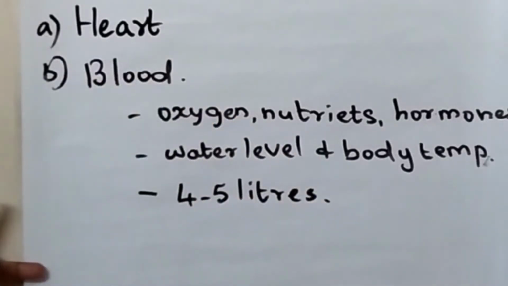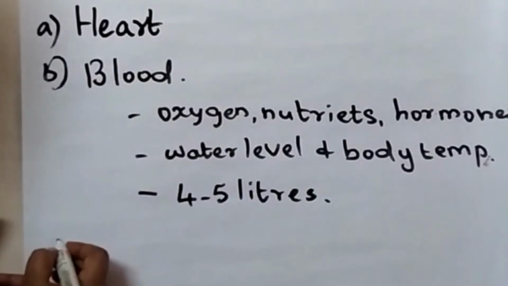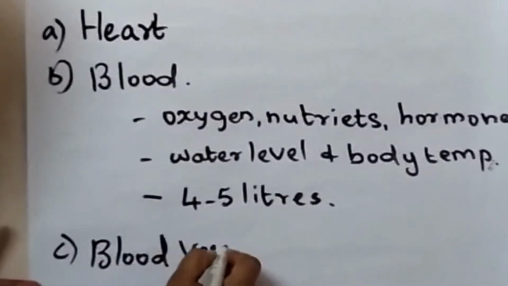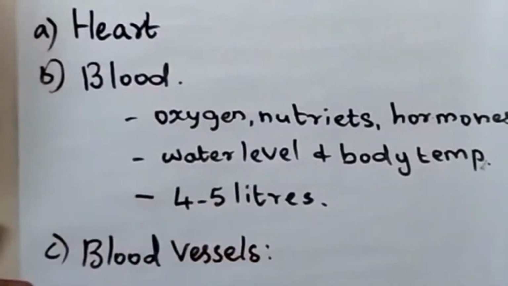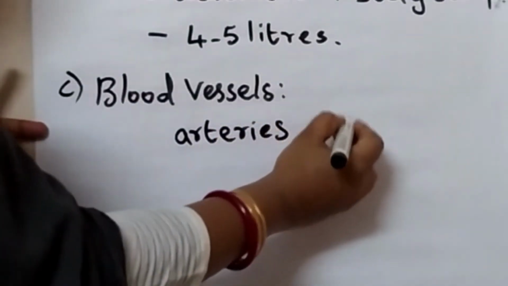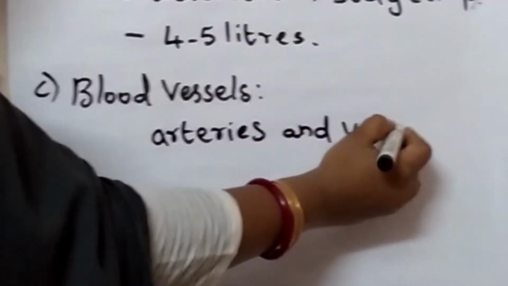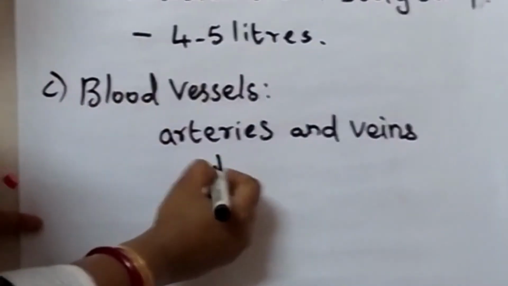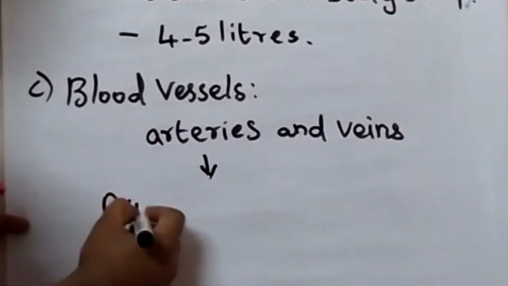Okay children. Now the next one is blood vessels. Blood vessels consist of arteries and veins. Arteries carry oxygenated blood.